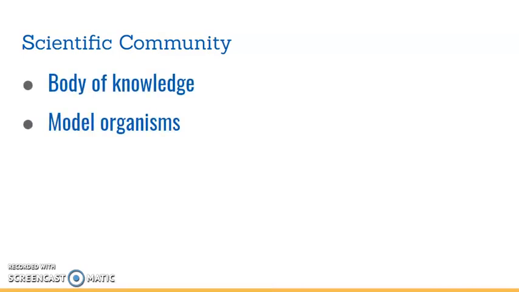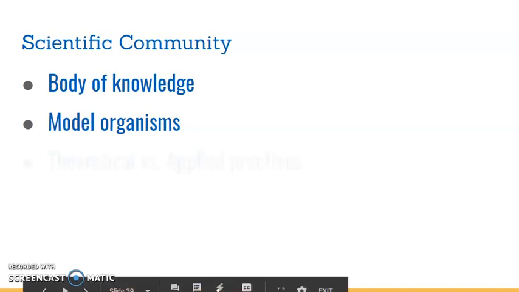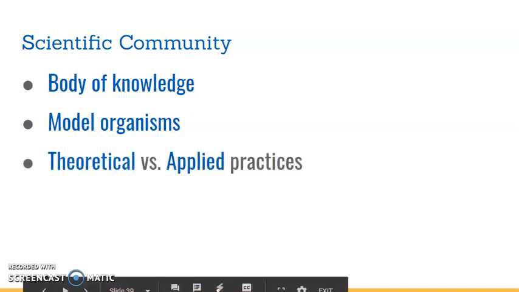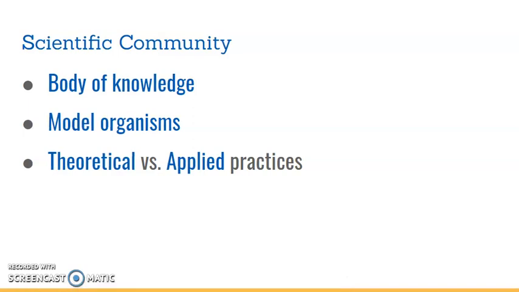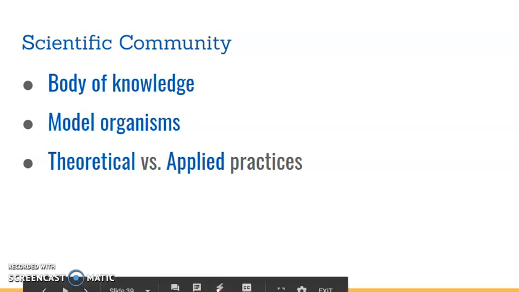In the scientific community, science is a body of knowledge whose content is facilitated by model organisms such as mice, rats, yeast, fruit flies, and nematode worms. Scientific processes can be theoretical or applied, which means satisfying a curiosity versus a need. Lastly, peer-reviewed scientific findings help ensure a more diverse set of viewpoints.